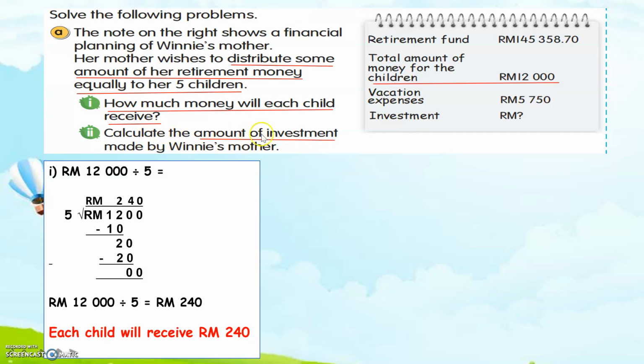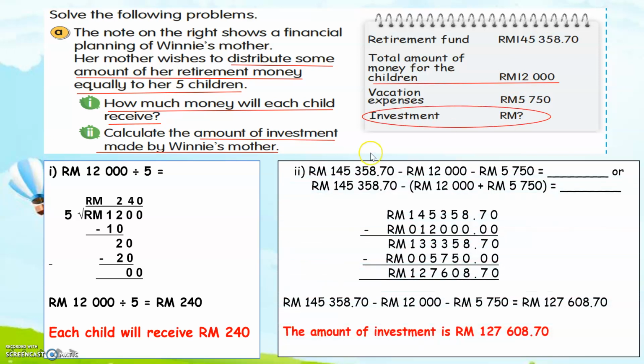The second question. Calculate the amount of investment made by Winnie's mother. Here, there is no investment. That means we can subtract the total money with the amount for the children and the vacation expenses. Here I use two number sentences, but the answer will be the same.